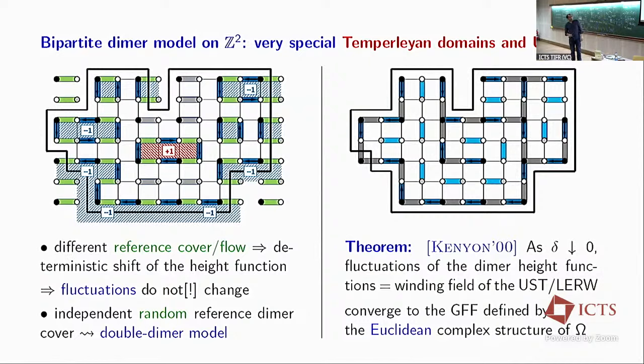Another comment in passing is that because of this bijection, you can think about the same function differently. You can ask yourself, can I describe this function in terms of the UST model? And the answer is affirmative. You can give an intrinsic definition in terms of the UST model, which is known as the winding field.